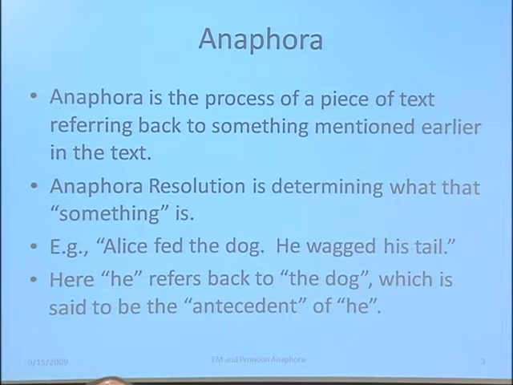So when Alice fed the dog, he wagged his tail. The he is said to be anaphoric with the dog. Or another way to say it is the antecedent of he is the dog. And we were just talking about connections between pieces of text.